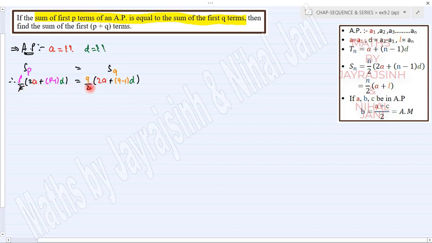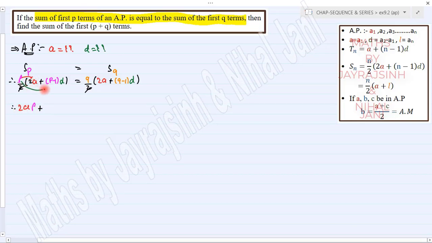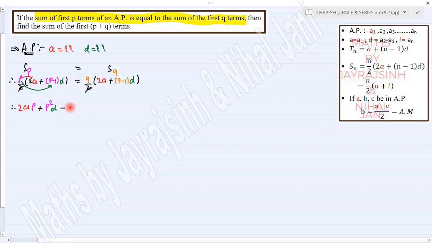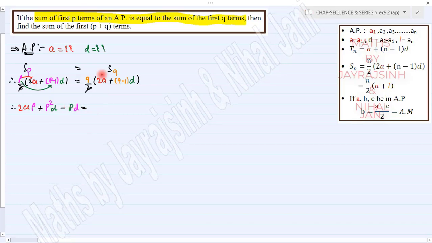So here 2 will cancel out, and let's open the bracket. p multiplied with 2a will give us 2ap, plus p multiplied with the second term will give us p square d minus pd, which is equal to the same type of terms on the right hand side.